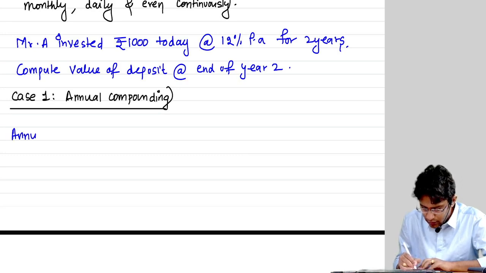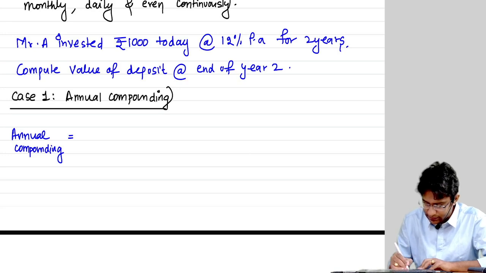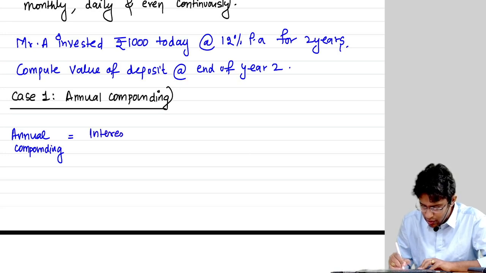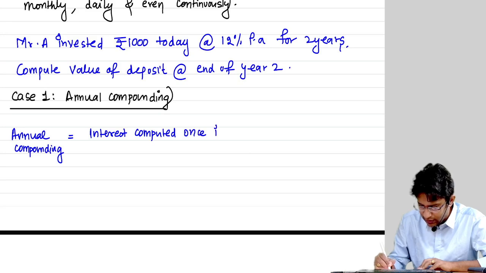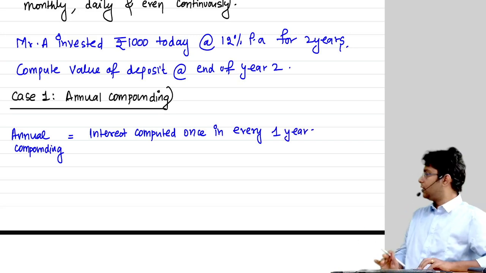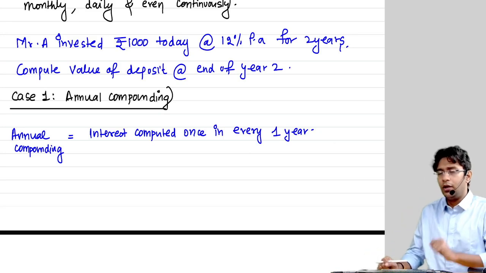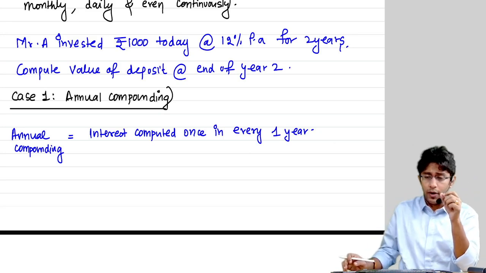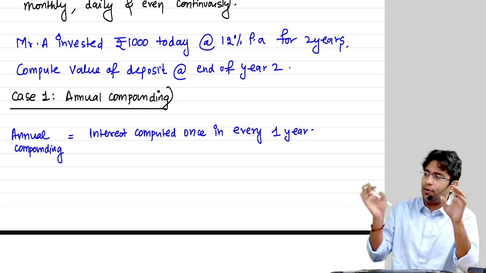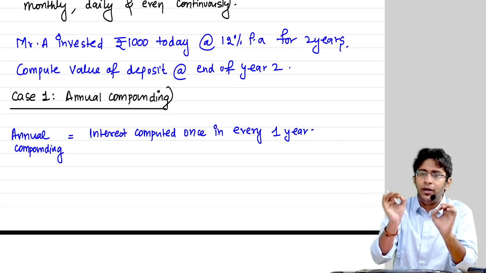Now, annual compounding. What it means is interest computed once in every 1 year, or each 1 year. So this is the meaning of annual compounding. If you look at the formula we wrote for future value, future value is equal to present value into 1 plus periodic interest rate.